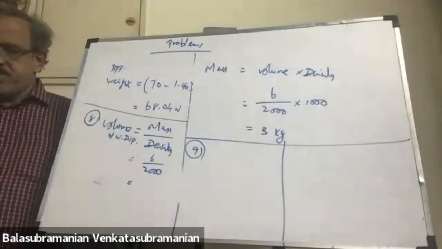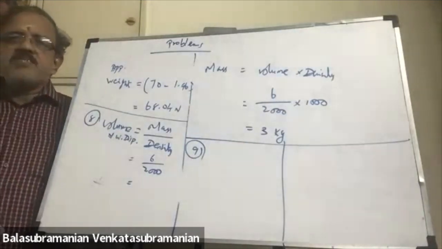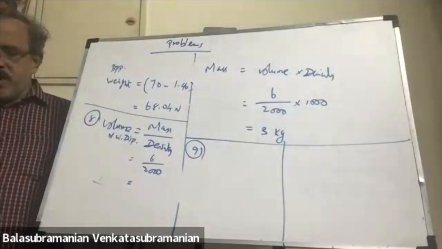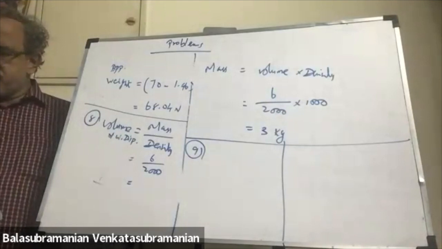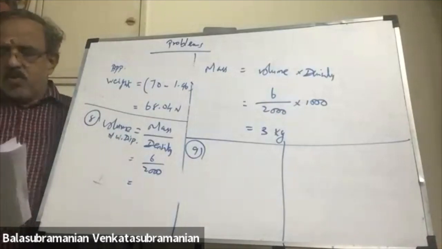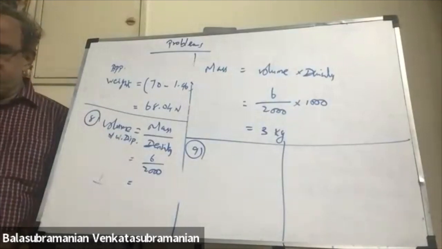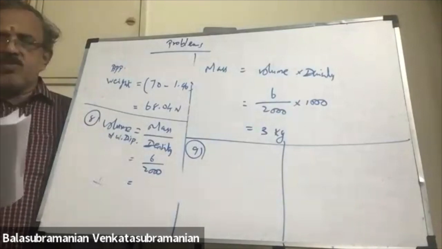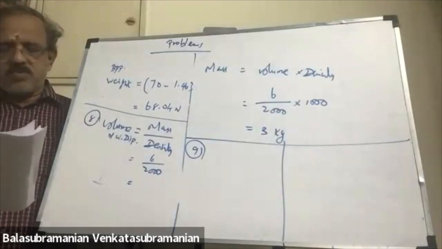Okay, next. A metal plate 5 centimeter into 5 centimeter rests on a layer of castor oil 1 millimeter thick. Given eta is equal to 1.55 Newton second meter power minus 2.